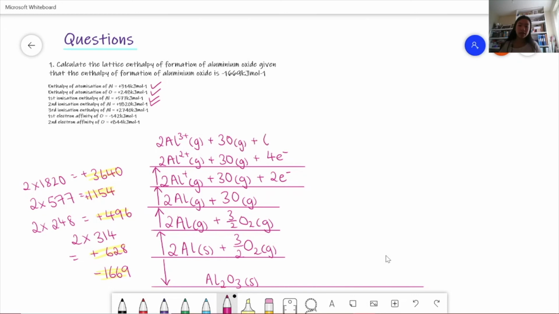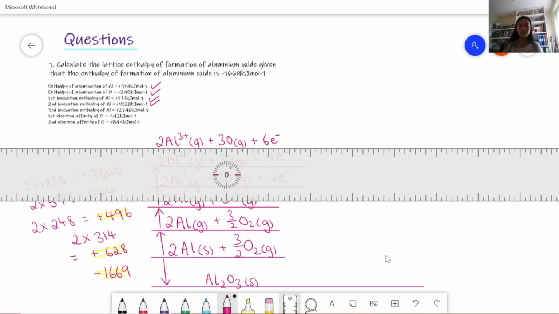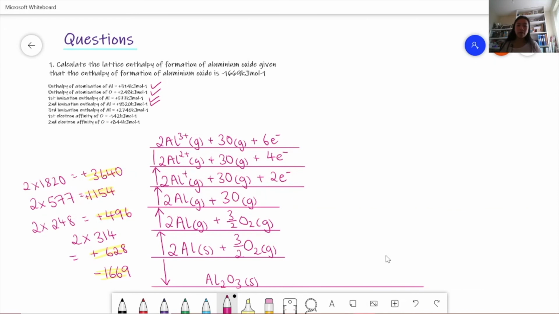But now we have 6 electrons because again we've removed 1 electron from each of the Al2 plus gaseous ions. Then an arrow up, and now we're going to have 2 times 2,740, and that equals 5,480 kilojoules per mole.